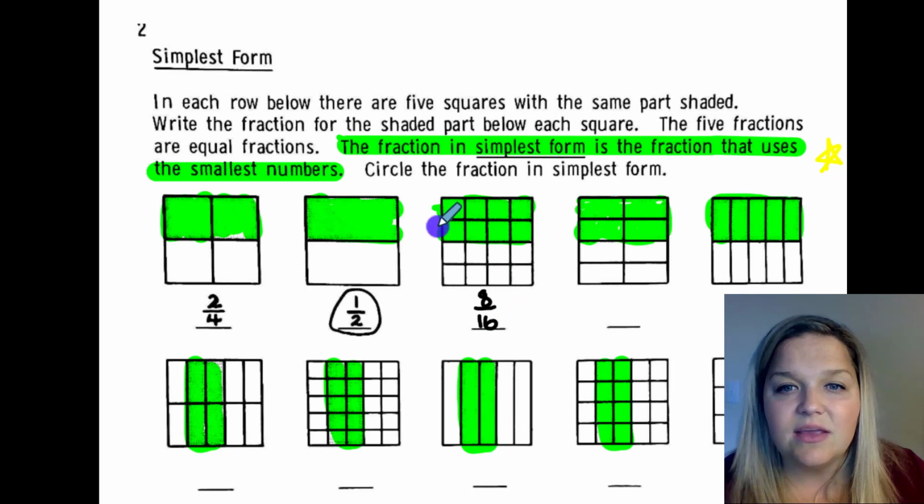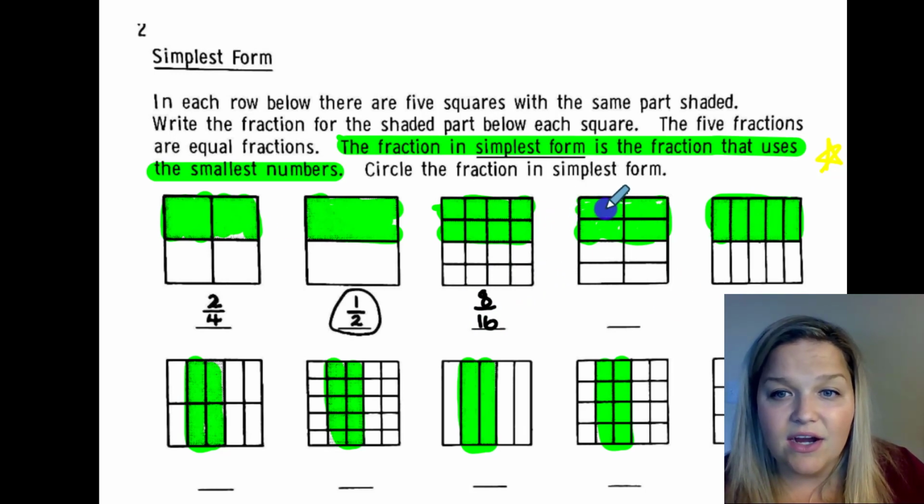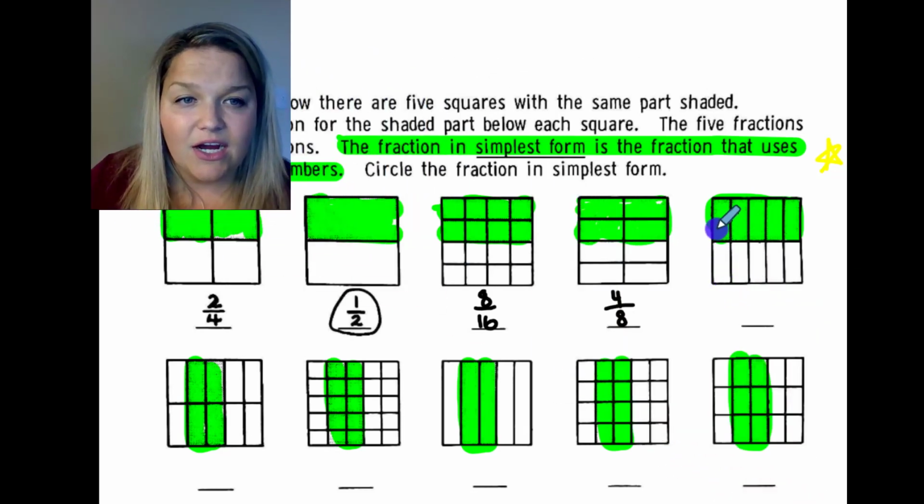But notice the amount of green is the same in each quantity. Over here, we have 8 parts to our whole, and 4 have been shaded. And over here, we have 10 parts, and only 5 have been shaded.